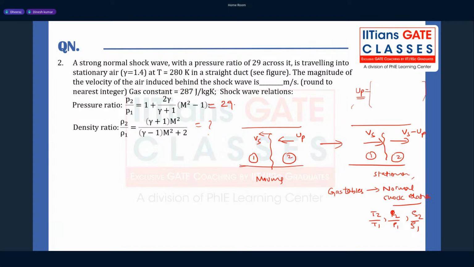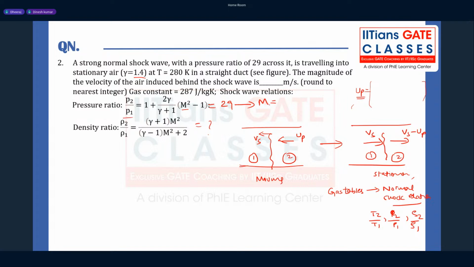So they have given me the pressure ratio. From this, I get my Mach number. Can anyone tell me what is my Mach number? Take gamma equals 1.4 and P2 by P1 is given as 29.